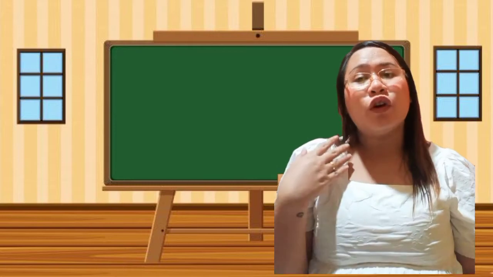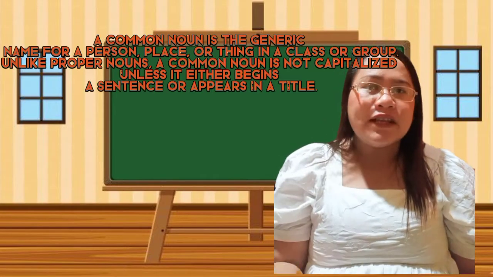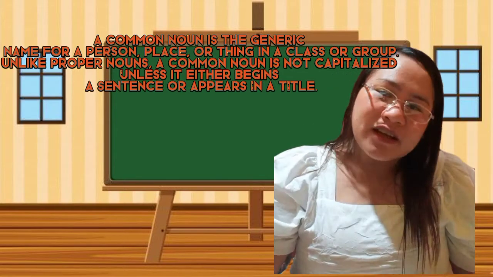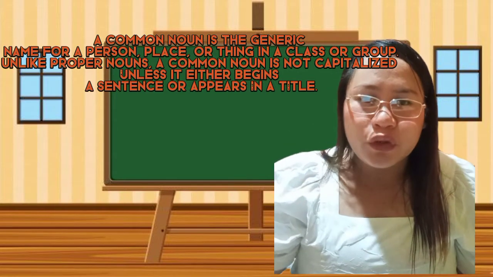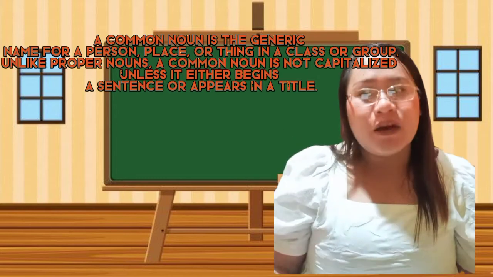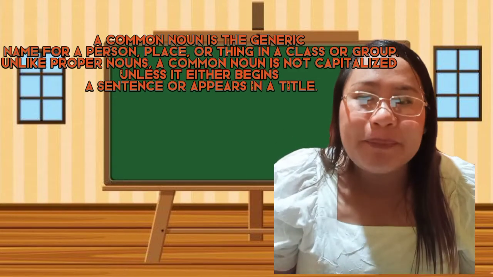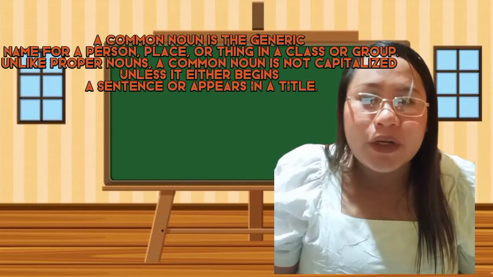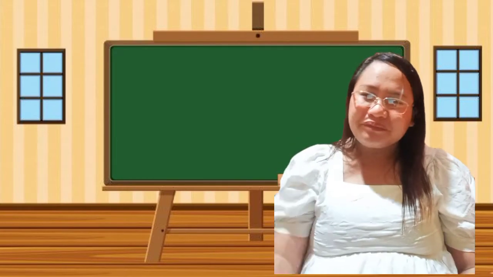So first is common nouns. A common noun is the generic name for a person, place, or thing in a class or group. Unlike proper nouns, a common noun is not capitalized unless it either begins a sentence or appears in a title.